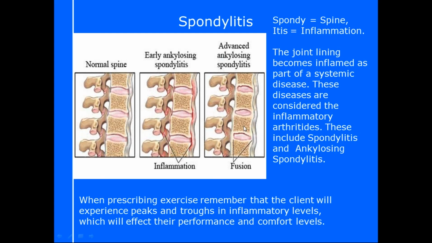So they end up with specific self-fusion in advanced ankylosing spondylitis. And this self-fusion basically means that they're not going to be able to move any of their vertebrae at all. So these people you often see stuck in what can look like quite strange positions. It means they don't have any range of movement at all.